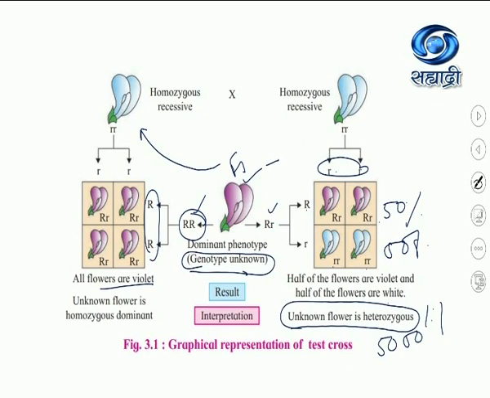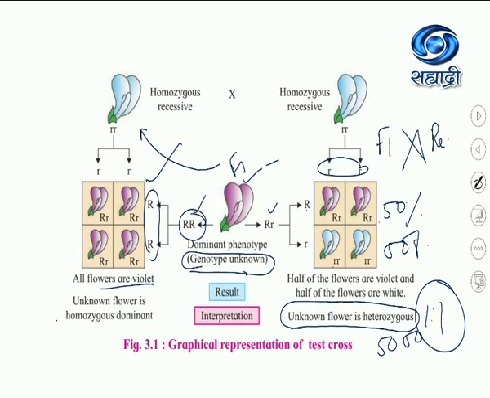Heterozygous condition will always give a 50-50 ratio, or we can say a 1:1 ratio. It is a test cross. Test cross, why? Because it is a cross between the F1 hybrid and the homozygous recessive parent. And the ratio obtained is 1:1. But if the F1 hybrid is homozygous, and we cross it with the homozygous parent again, all the plants produced will be capital R, that is violet.